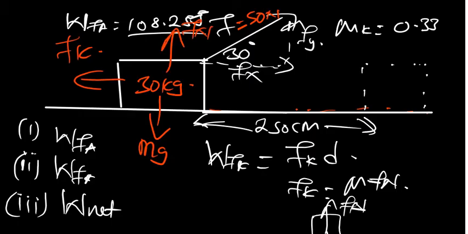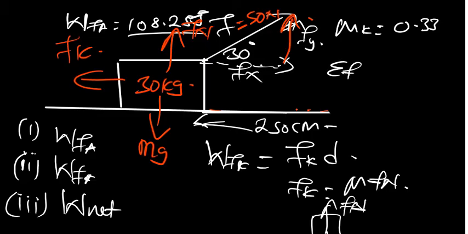So therefore, I'm going to say the summation of all forces in y direction, when I add them, they are supposed to give me 0. We have got the normal force pointing upward plus the Fy pointing upward minus the weight force, which is the mg pointing downward, is equal to 0.